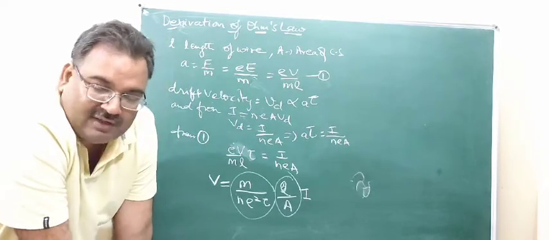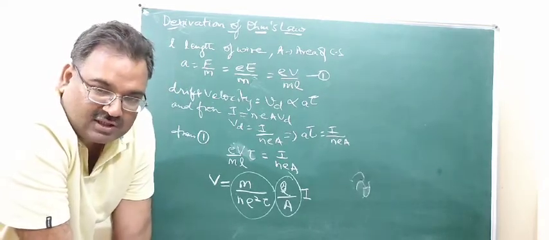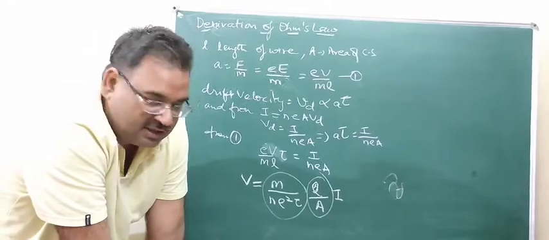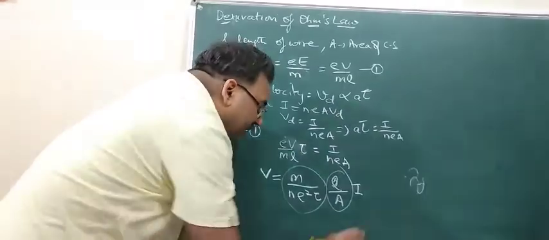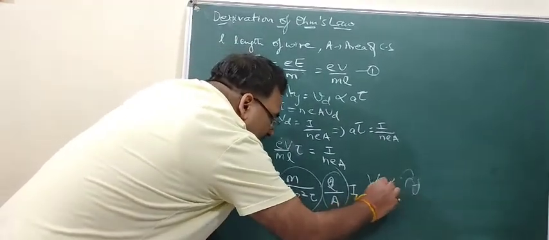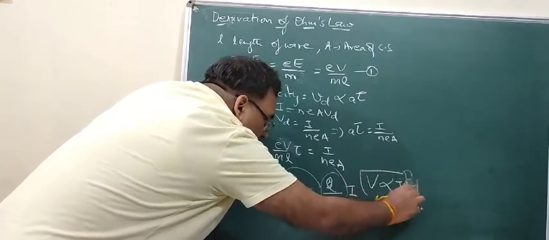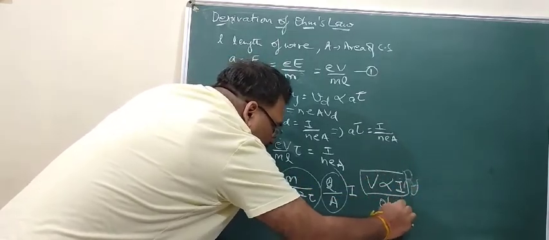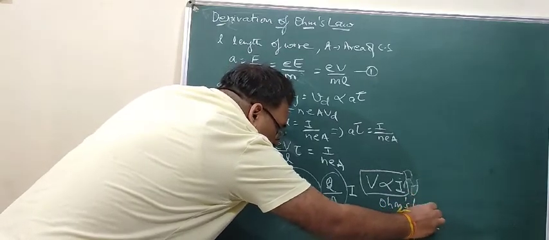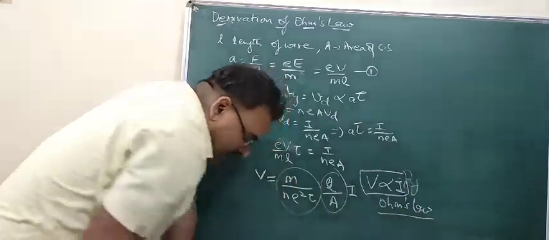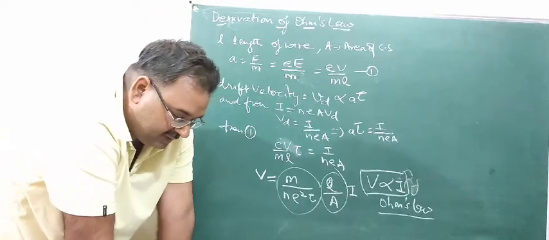Then for a given length of wire and area of cross section, L and A both are constant. What do we get? We get here V is directly proportional to I, and this is Ohm's law. So we have derived Ohm's law.